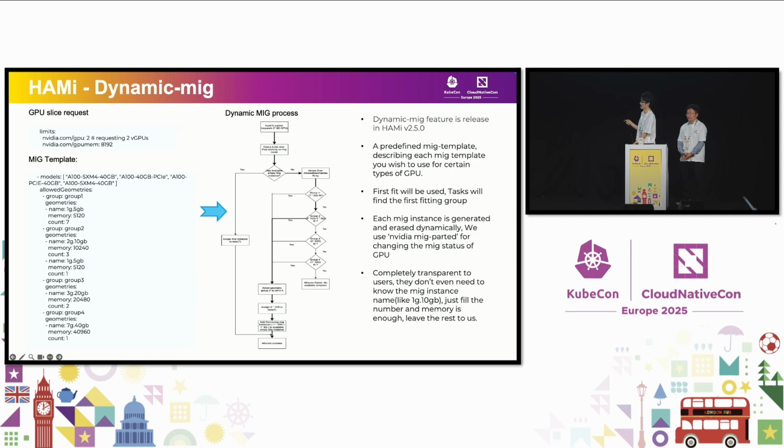We use NVIDIA mig-parted to dynamically generate the MIG instance for a certain card. So users don't need to know the MIG instance name like 1g.10gb, because it is different for different types of NVIDIA cards. The user only needs to concern how many GPUs it wishes to use inside the container, along with the device memory it wishes to use, and leave the rest to us.